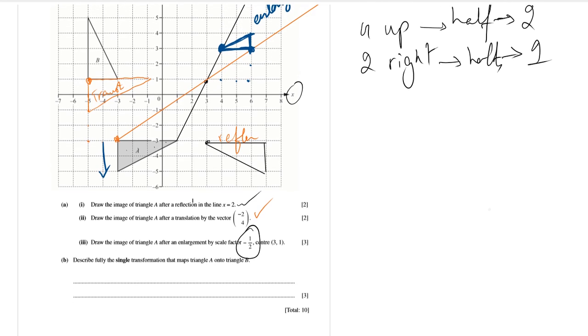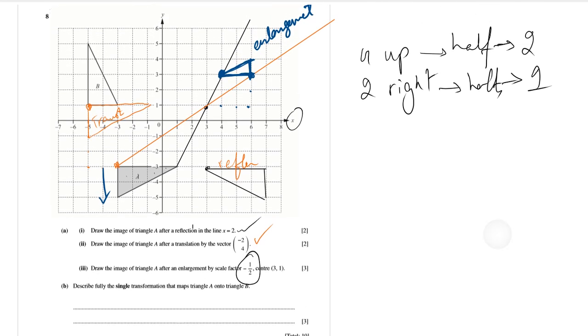Describe the single transformation A onto B. A onto B. So it is going in this direction. So first let's check whether it is reflection or not.